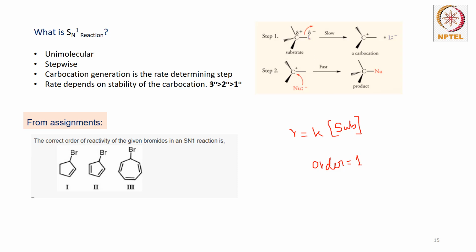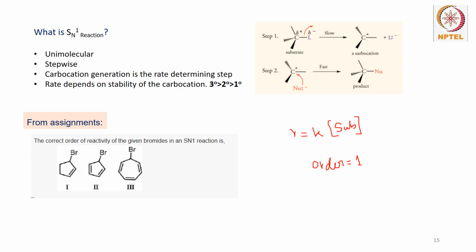In the slow step, the nucleophile is not involved, so the rate only depends on the substrate and the stability of the carbocation. Because in the slow step we are generating the carbocation, the more stable this carbocation is, the faster the reaction will be, and if the slow step is faster, the rate of the reaction will be higher.